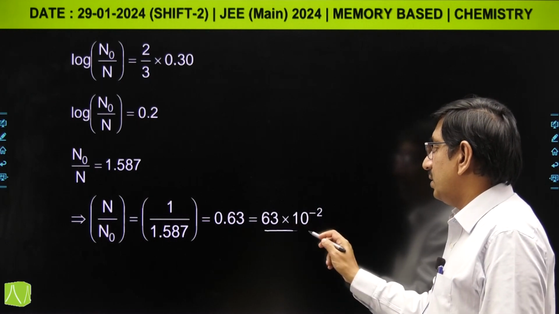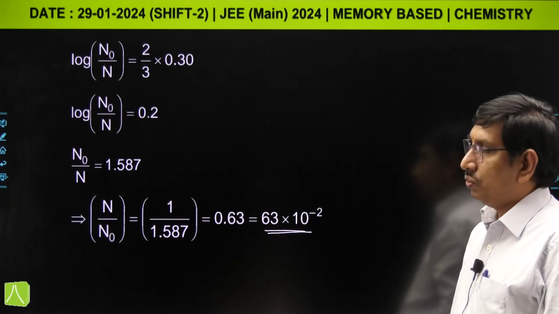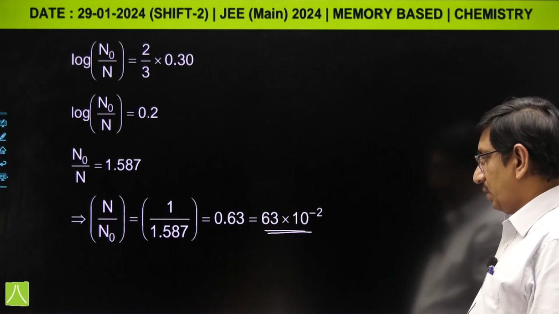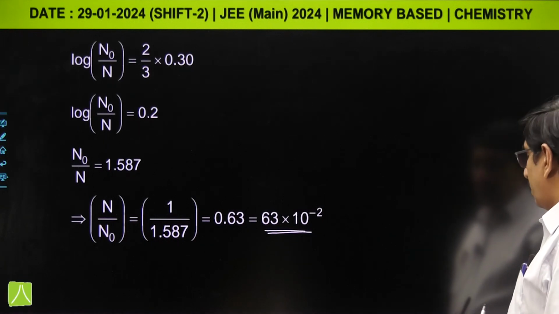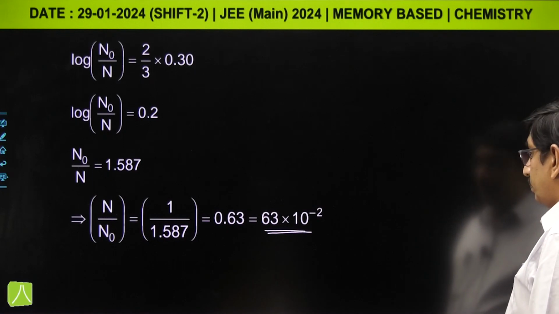It can be written as 63 into 10 power minus 2. So, answer can be 63, because we have to report the answer to nearest integer into 10 power minus 2 terms.